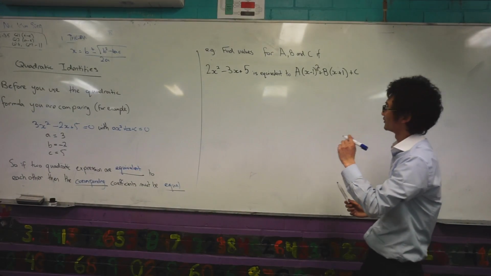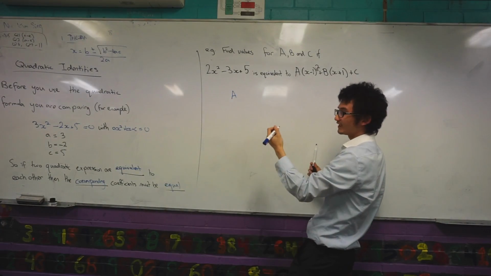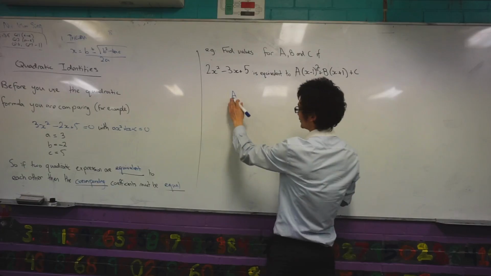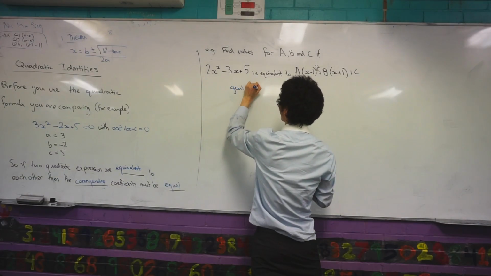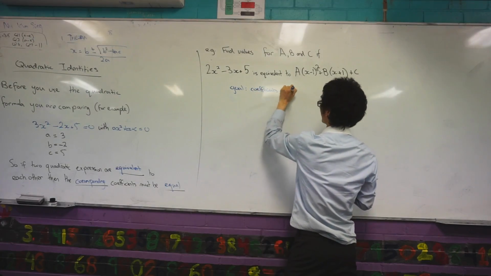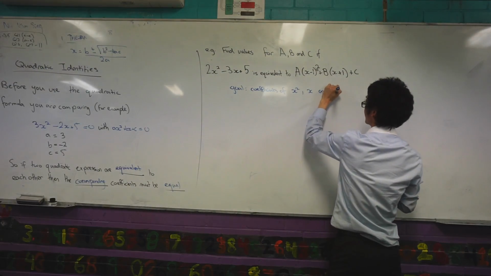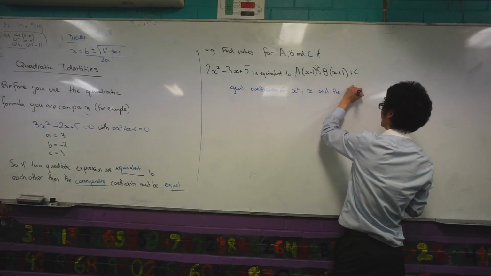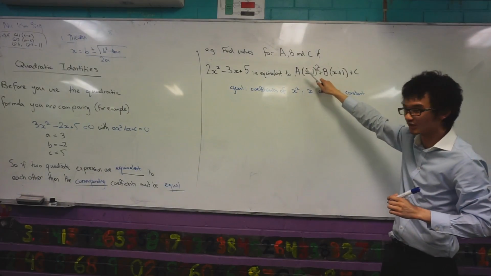What we can do, because we know that they're equivalent, is get some coefficients. Remember the goal is to get coefficients of x squared, x, and the constant. The constant is just the term by itself. What I can do is I'll go back, I'll start off with this expression here.